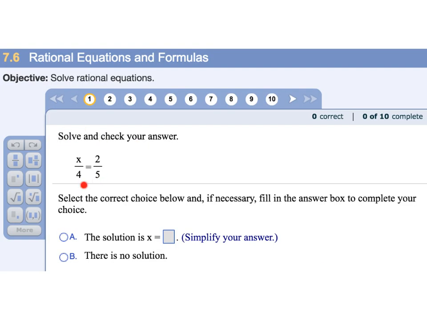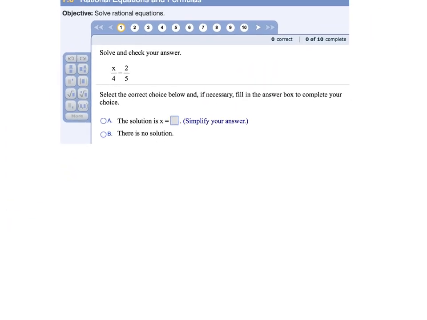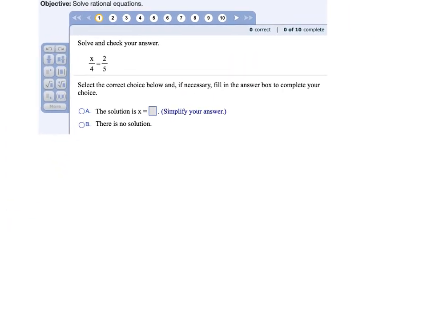All right, so the directions say solve, right? So you've got this x over 4 is equal to 2 over 5. And when you just have a single fraction equaling another fraction, we call that a proportion.